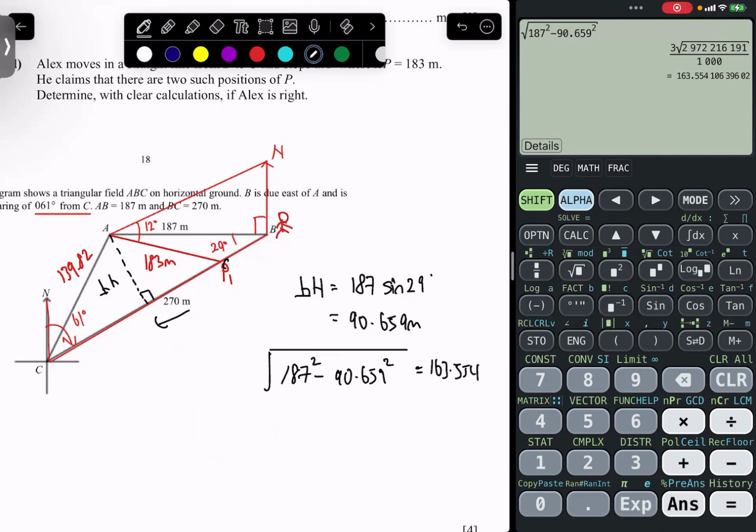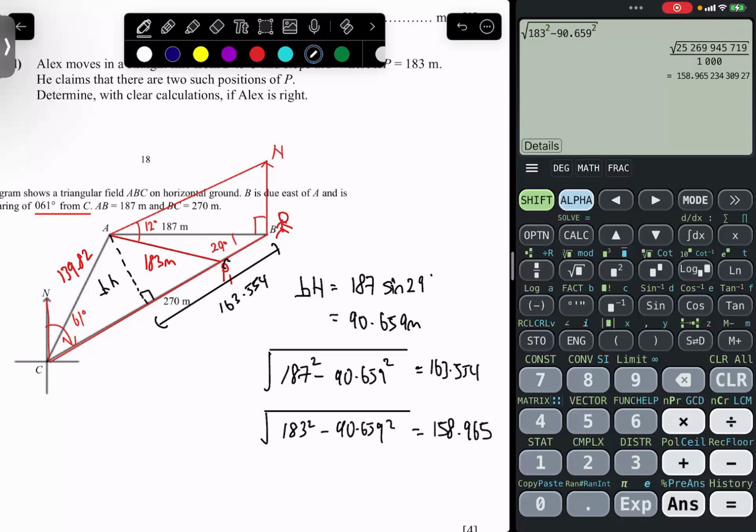So the distance down here is 163.554. Now I do the same step, but this time I take 183 squared minus 90.659 squared, which equals 158.965. This means he just needs to walk roughly 4 point something meters, then he will reach the 183 meter mark.